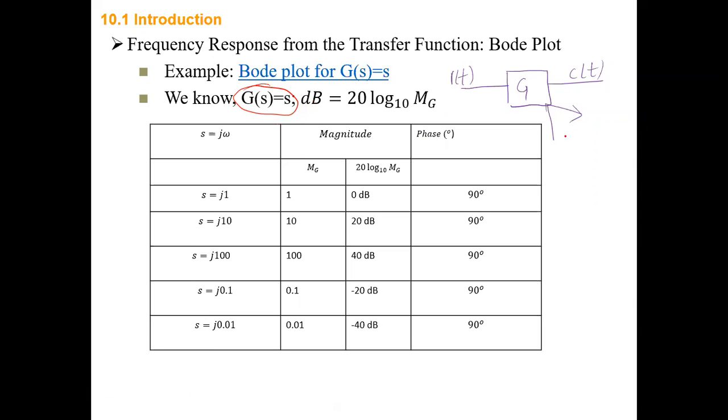Help me here. If my G(s) is s, now how do you find the frequency response from here? Frequency response is j omega, right? What is your j omega? J omega is j omega. Look at that. Now what is the magnitude of this? What is Mg and what is phi g?